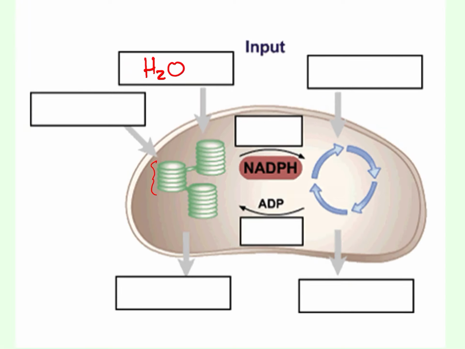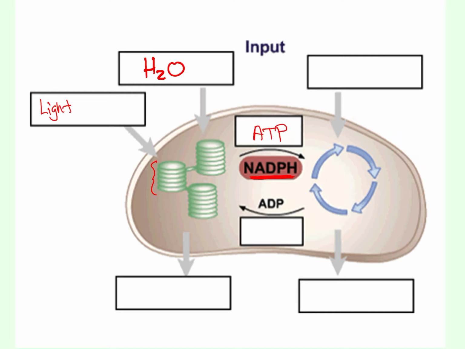We also need sunlight, right? Okay. And now what do we get out of our light reaction? I think this is already here, the NADPH, but we're also going to get ATP, right?